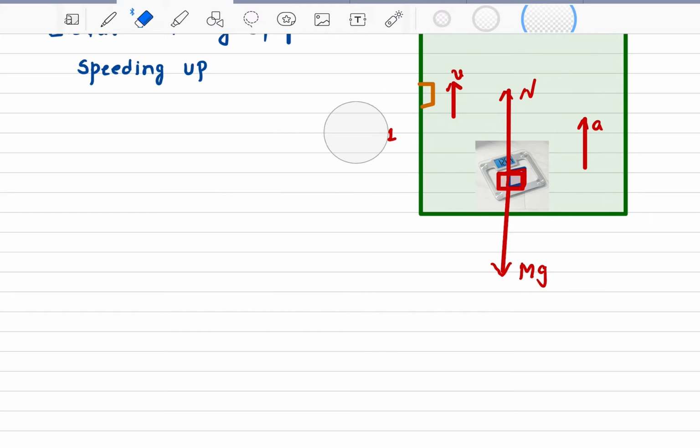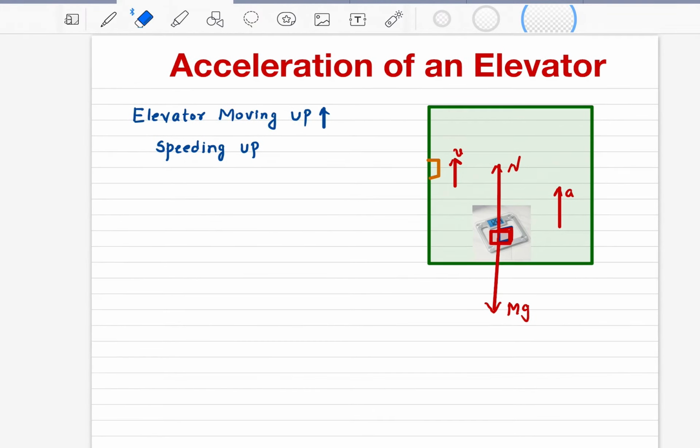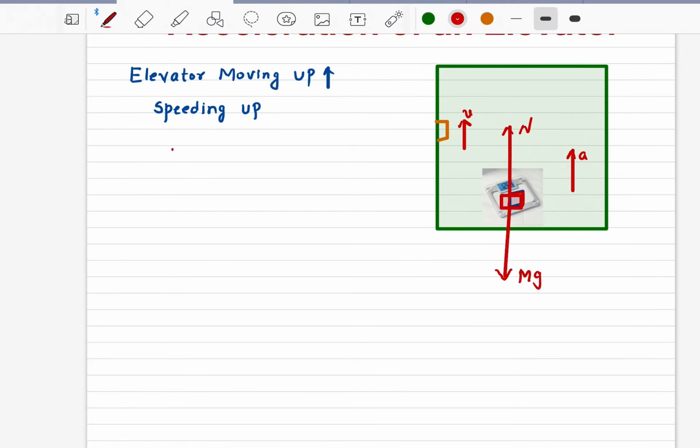From this, we can write down Newton's second law of motion to find an equation for calculating the acceleration. What does Newton's second law of motion tell you? It tells you that the net force on any object is equal to the mass times acceleration. And remember, this is the net force.